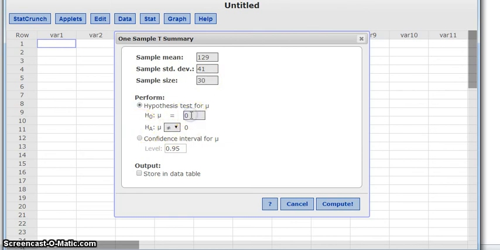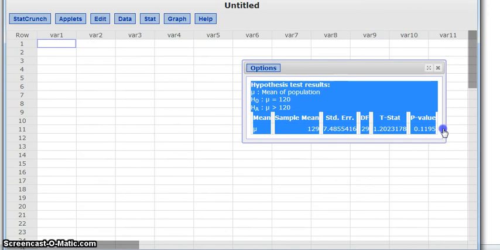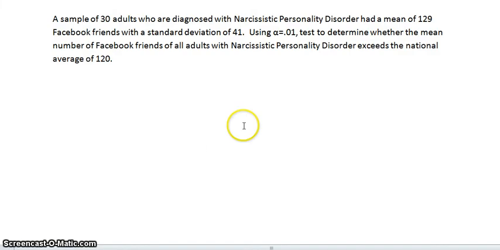And we want to test how mu compares to 120. We want to test whether that's greater than. All right? So we just input those values, click compute, and that gives us our test statistic and p-value. So we'll just copy that, paste it over here.